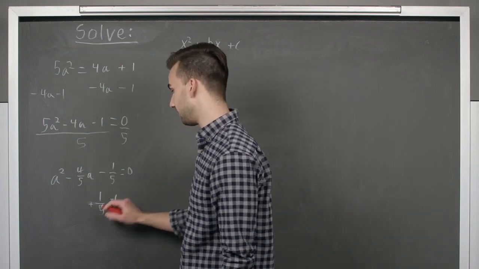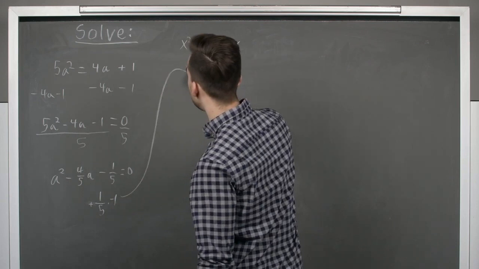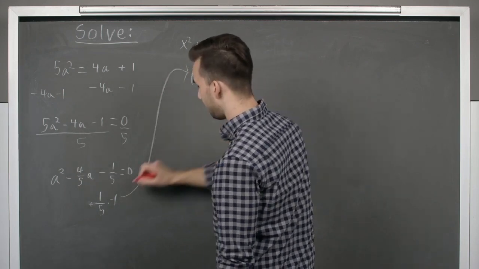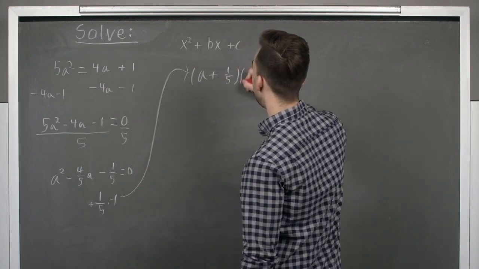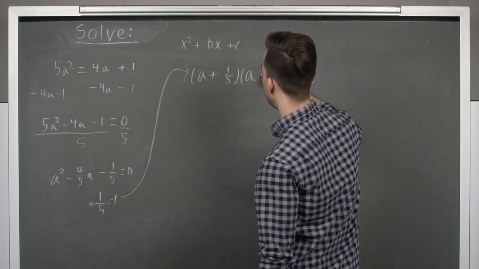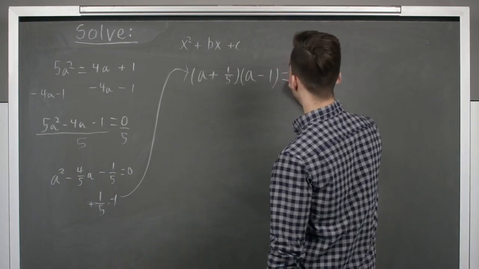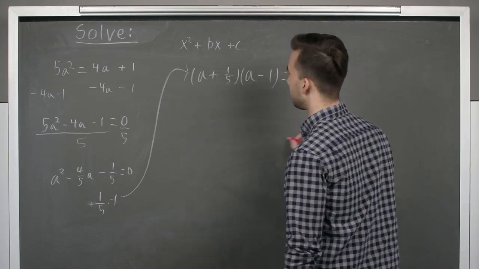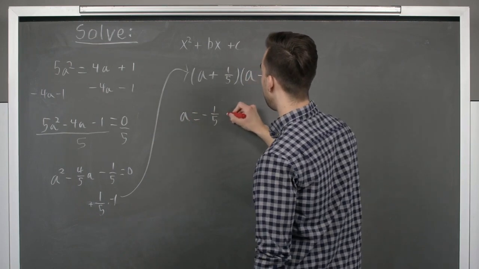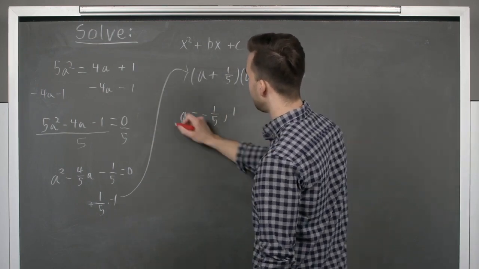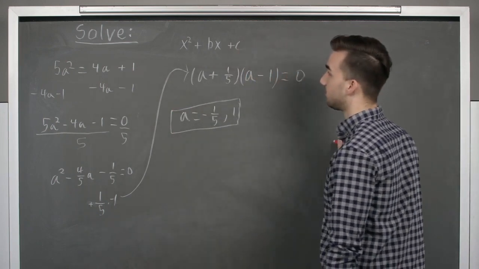And if we multiplied those, it would give us negative 1 over 5. So we can write this as a plus 1 over 5 and a minus 1. So what would make this equation equal to 0? Negative 1 over 5 and positive 1. So those are our solutions for a, and that is how we would solve for a in this example.